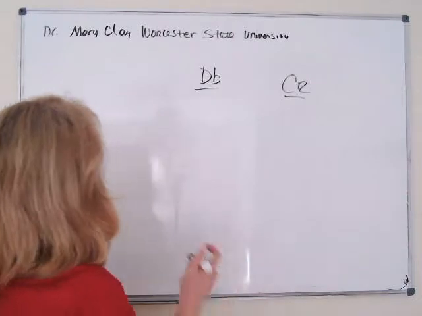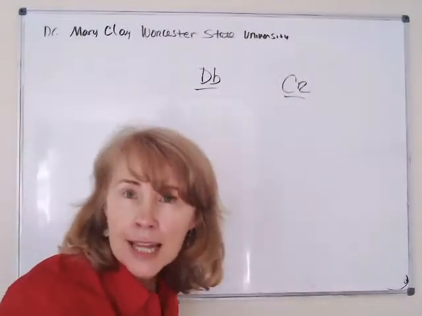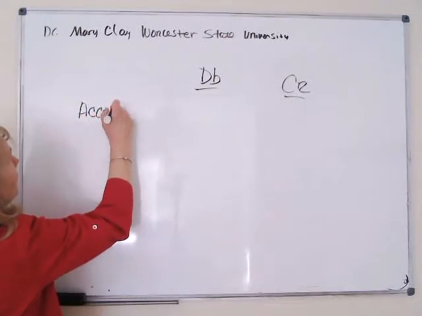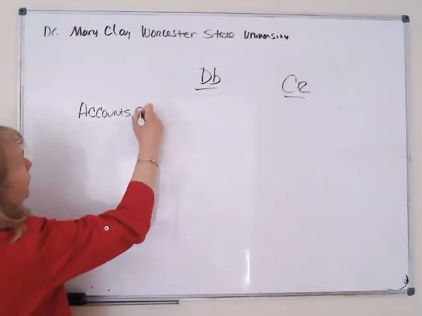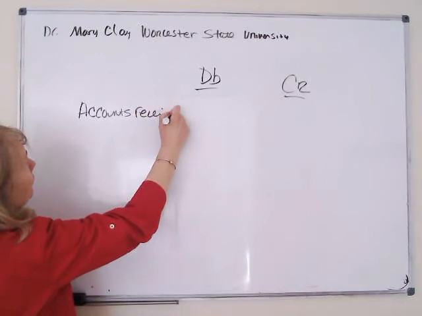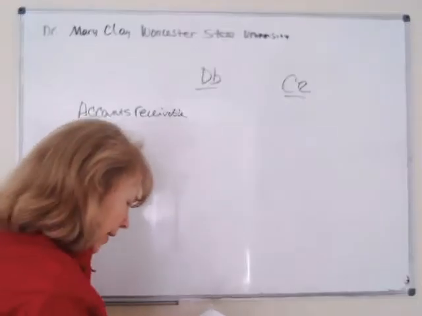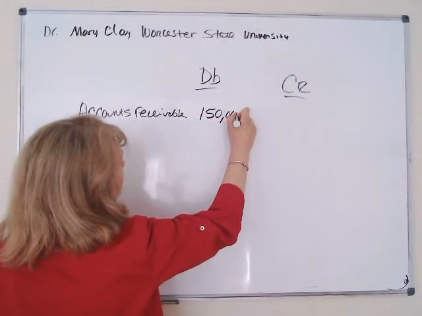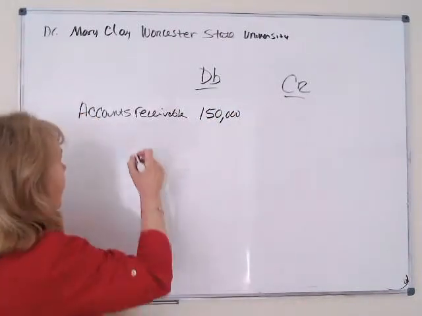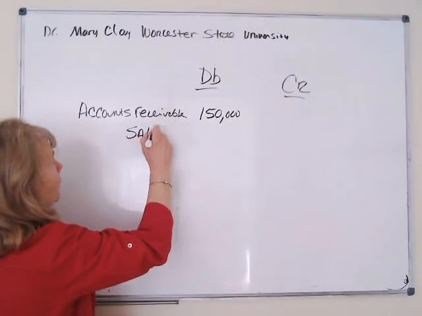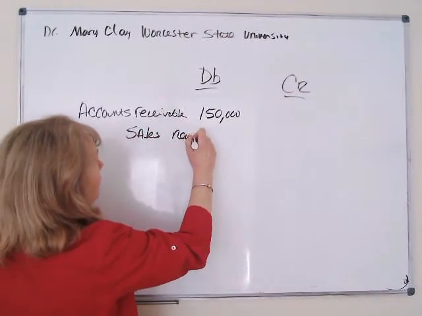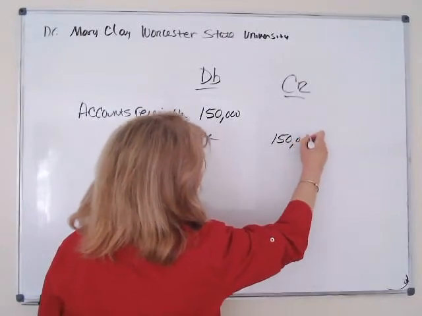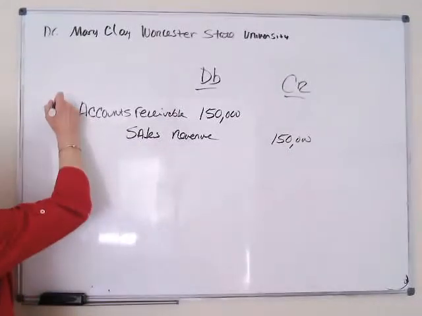I'm going to debit accounts receivable for $150,000, and I'm going to credit sales revenue 150,000. And that is number 1.